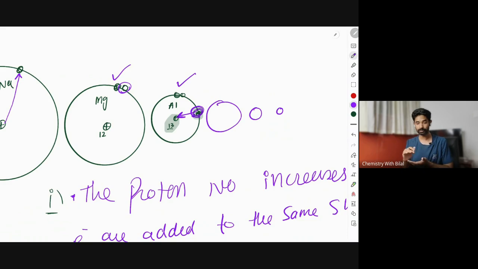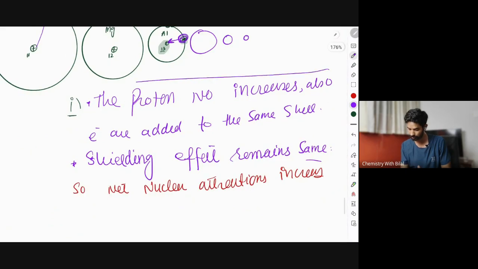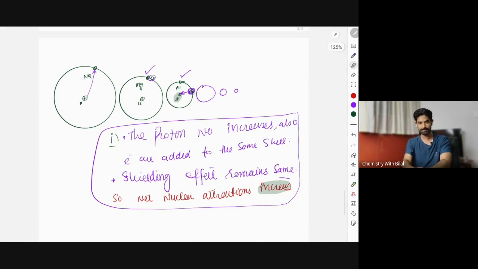So as you go across the period, the energy required to remove an electron increases, and for these valid reasons that I discussed, when net nuclear attraction increases, it becomes difficult for us to remove the electron. Everyone, make sense? Say yes, please.